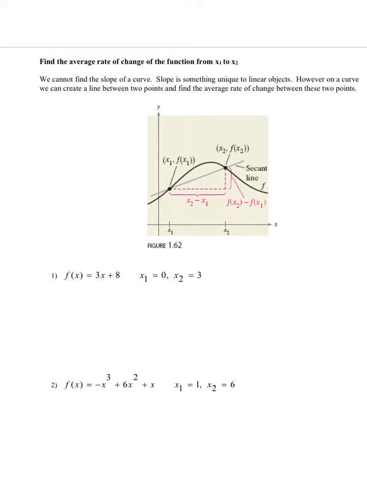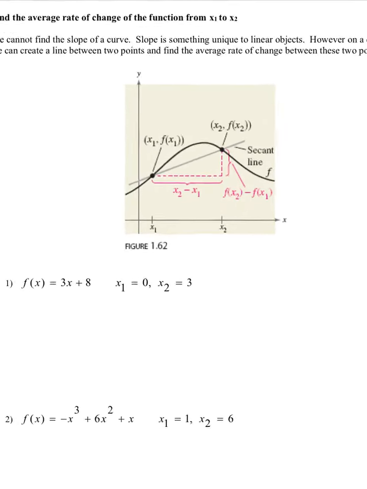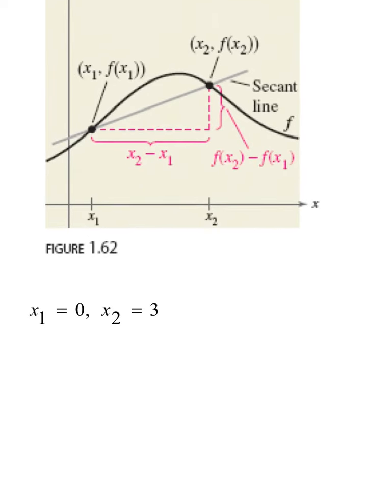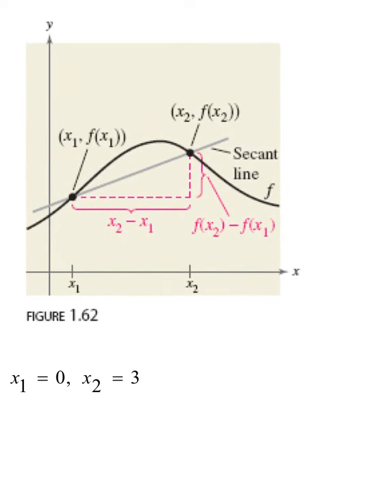So I'm going to expand this picture of what exactly we're going to be doing. For this particular function, they've given us this point, labeled x1 and f of x1, which is basically y.